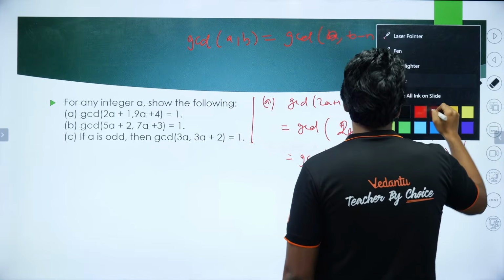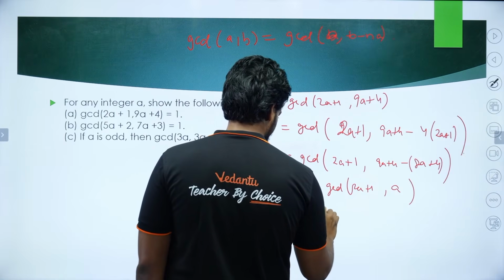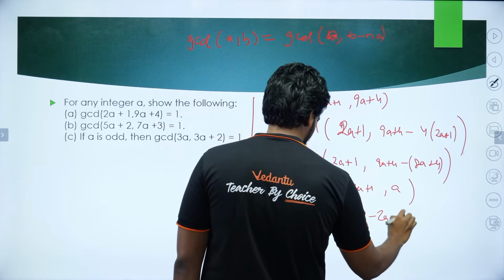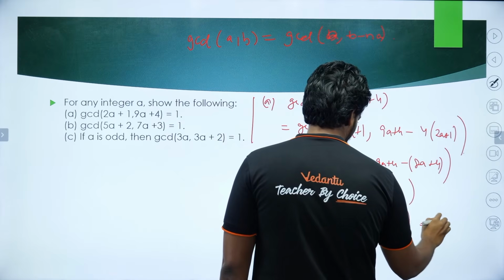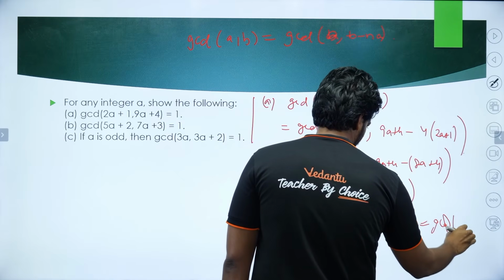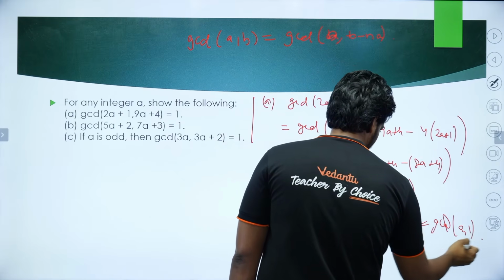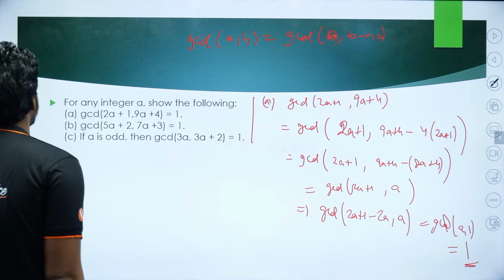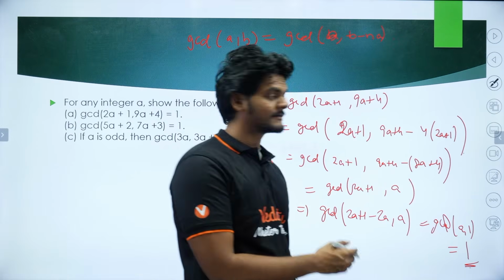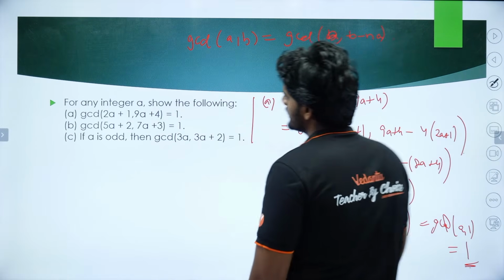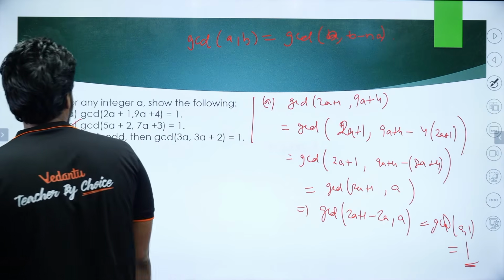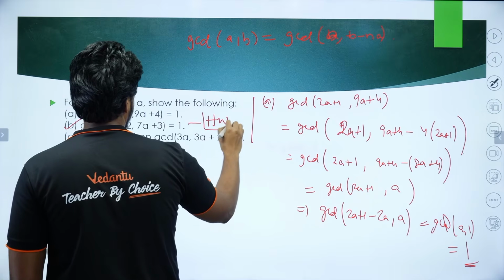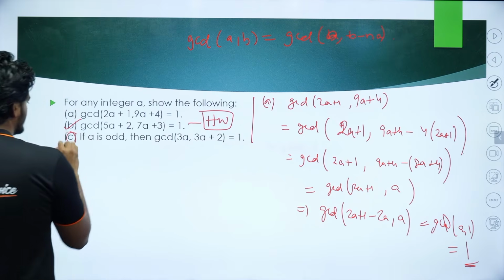That is GCD of 2a plus 1 minus 2a comma a, which is GCD of a comma 1, which is of course 1. Is that clear? In fact, I would like to give B as a homework. Take this as a homework and we will do this.